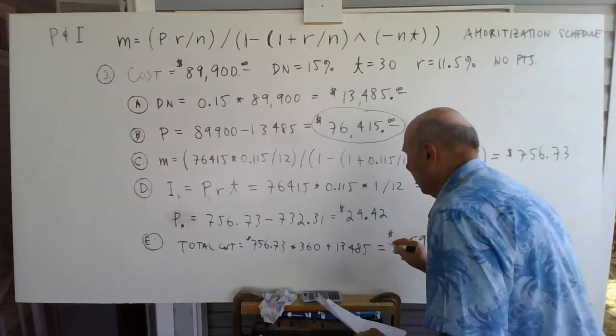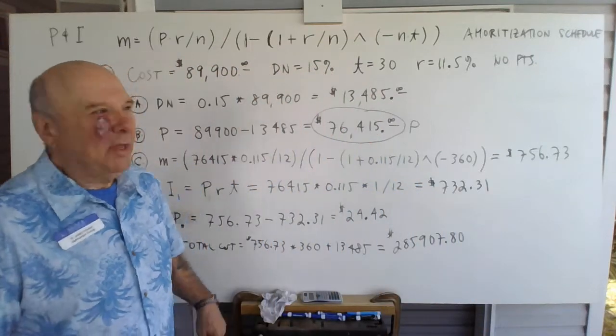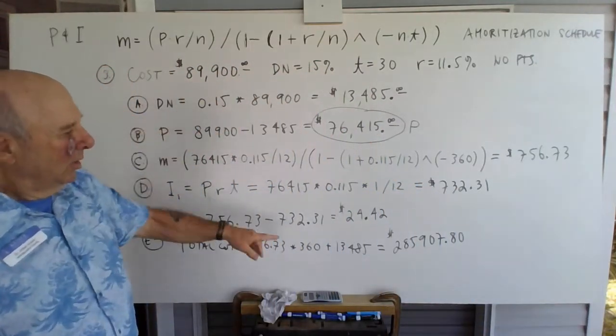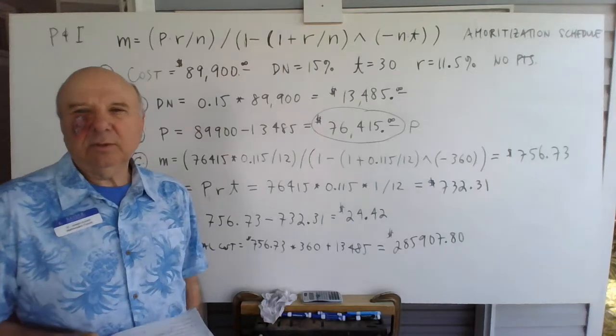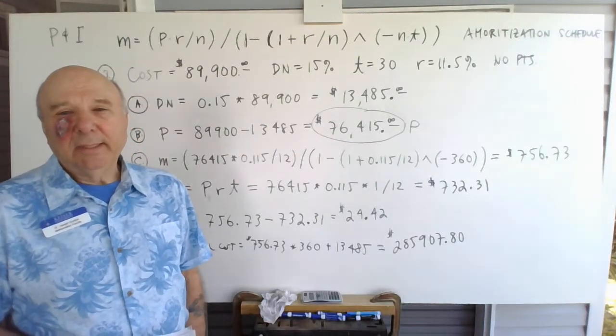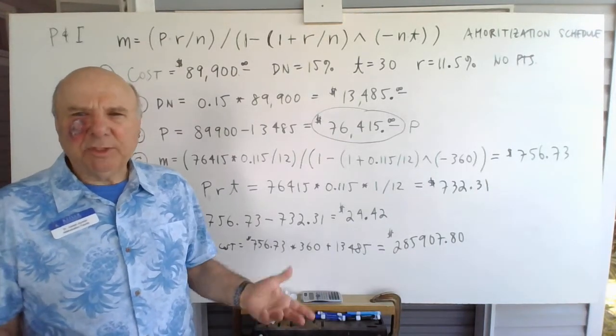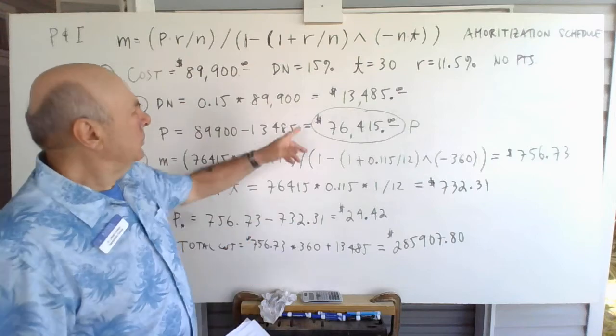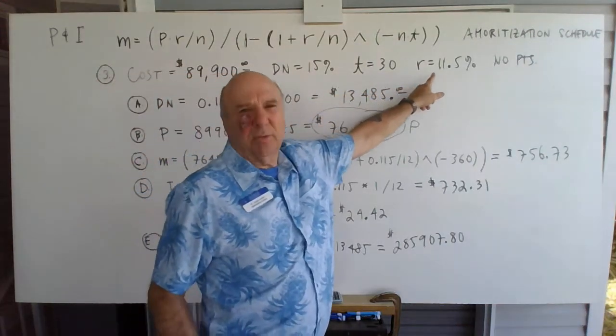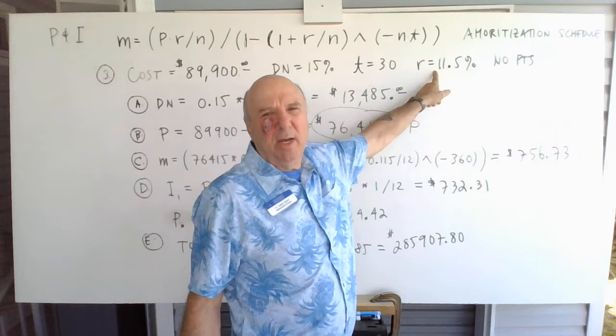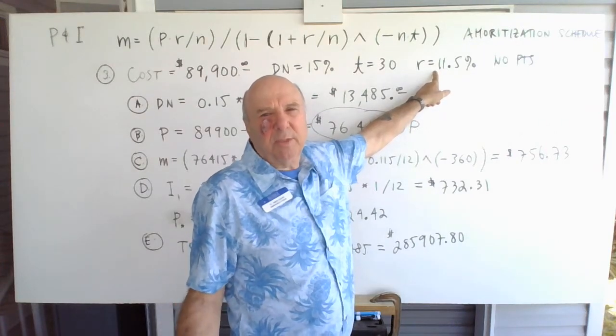So for a $90,000 condo, Tony pays almost $300,000 over 30 years. You could say he got ripped off. But why was it so high? Because of the interest rate. That's too high. Right now, the interest rates are down around 3%. You can get them less than 3%.